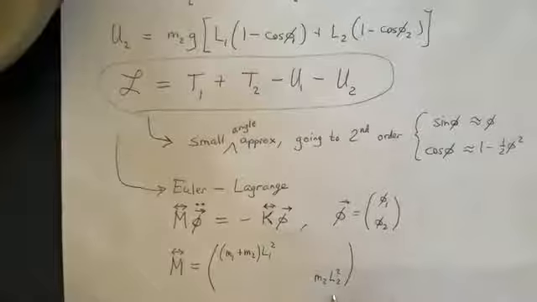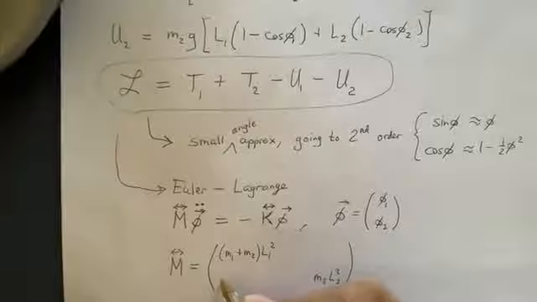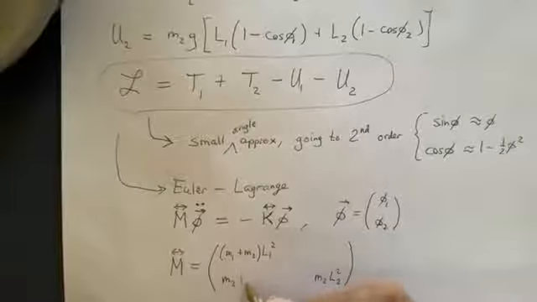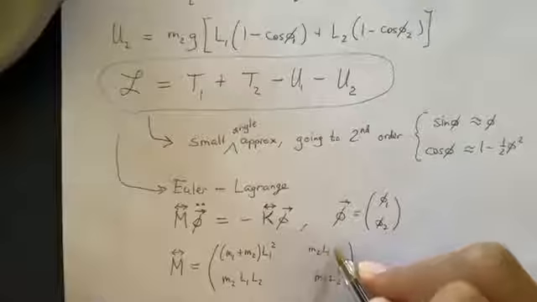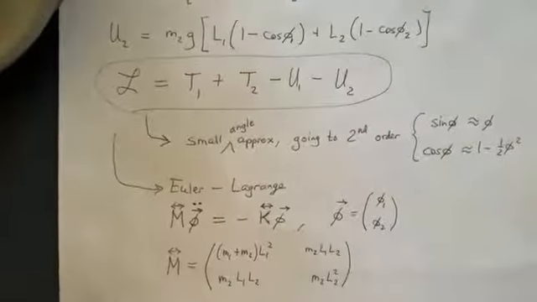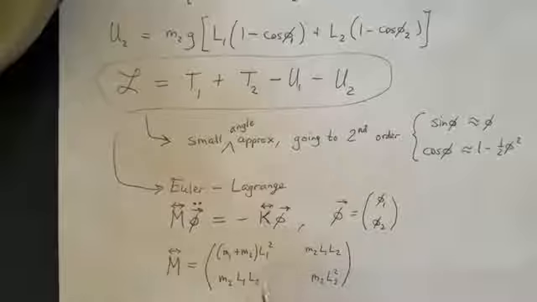That's the term in the lower right. How about the off-diagonal elements? Okay, there you have it. That's our mass matrix. And again, it's very interesting that we have these off-diagonal elements.